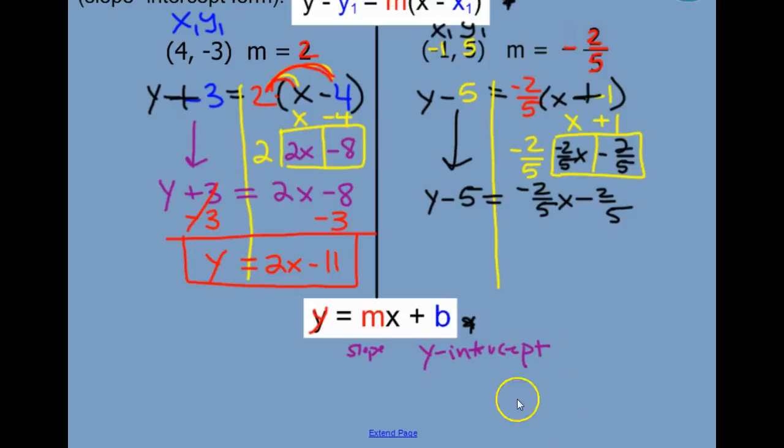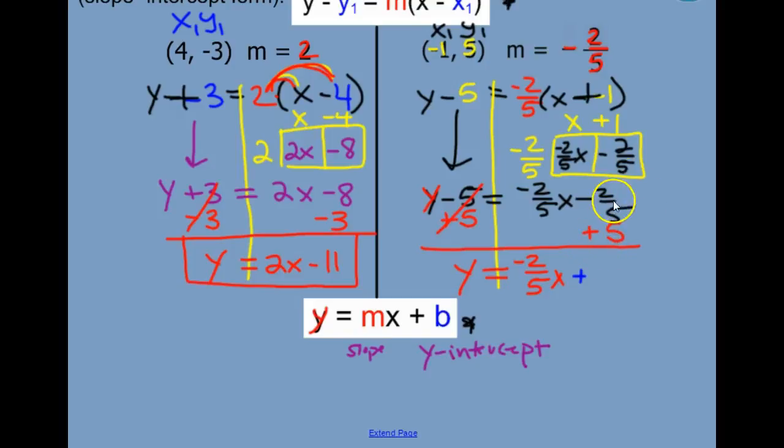And then last, we need to get rid of this negative 5 because our goal is to get y by itself. So the opposite of subtracting 5 is adding 5. So we have y equals, we didn't do anything with this negative 2/5 x. We like that as a fraction because if we were to graph it, our slope is already a fraction. Perfect. And then we have negative 2/5 plus 5. I know there's more positives. 5 is a bigger number than 2/5, which is less than 1.